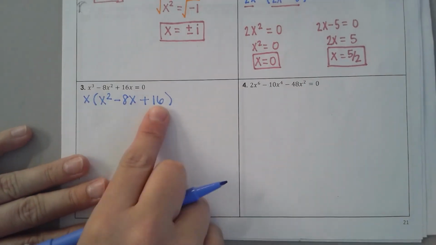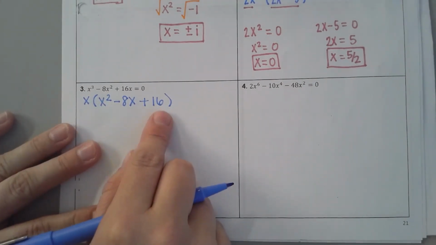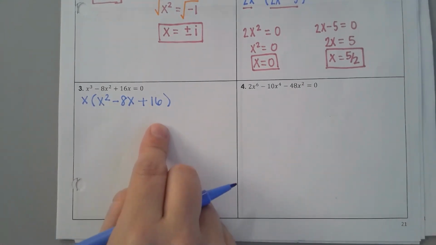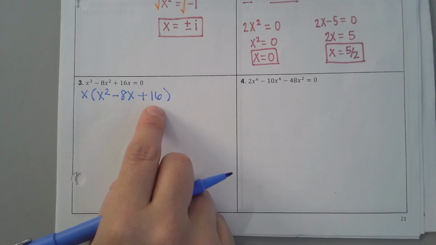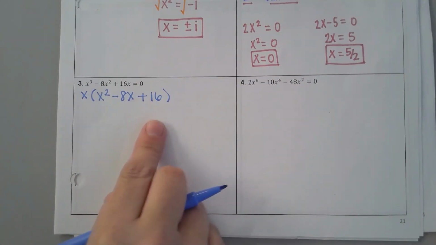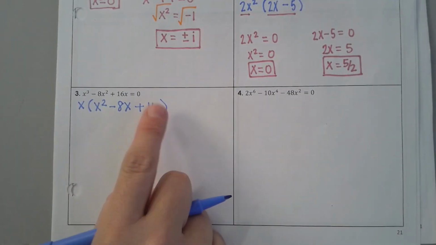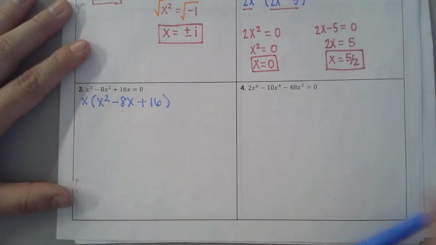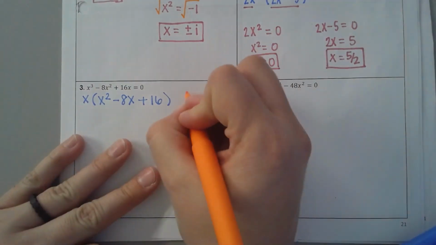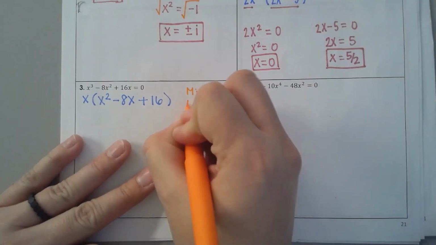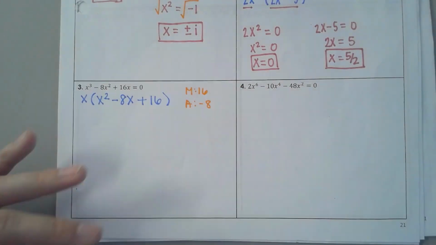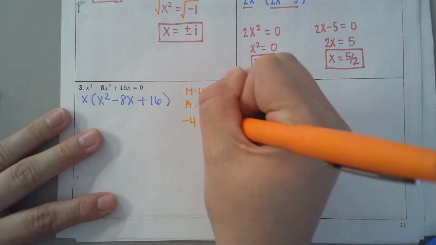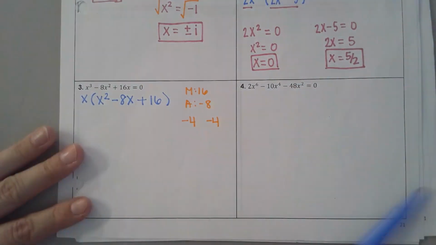It is 3 terms. It's a trinomial. So it's not guaranteed that it will factor down, but most of the time it does. Is there anything that multiplies to be 16 and adds to be negative 8? Yep. Negative 4 and negative 4.